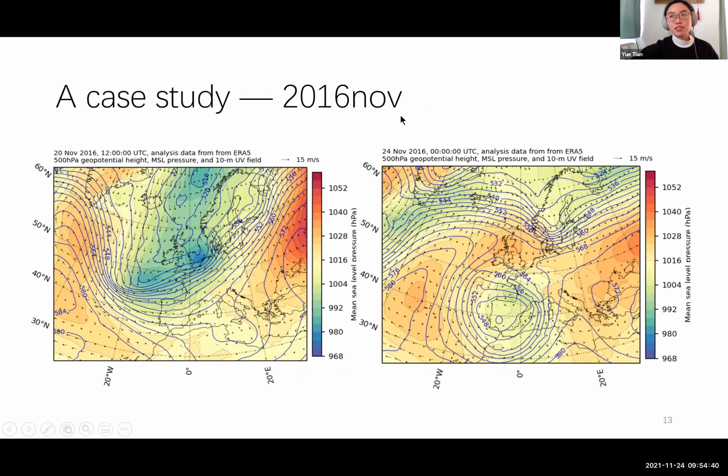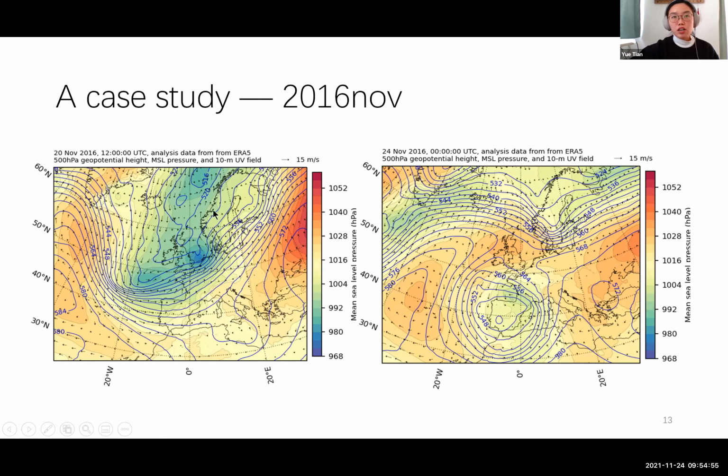Okay, so the first case I'm going to show you is the November 2016 case. From the synoptic situation, it has a quite typical foehn setup. You see a low pressure on both 500 hectopascal and at the surface over the British Isles.